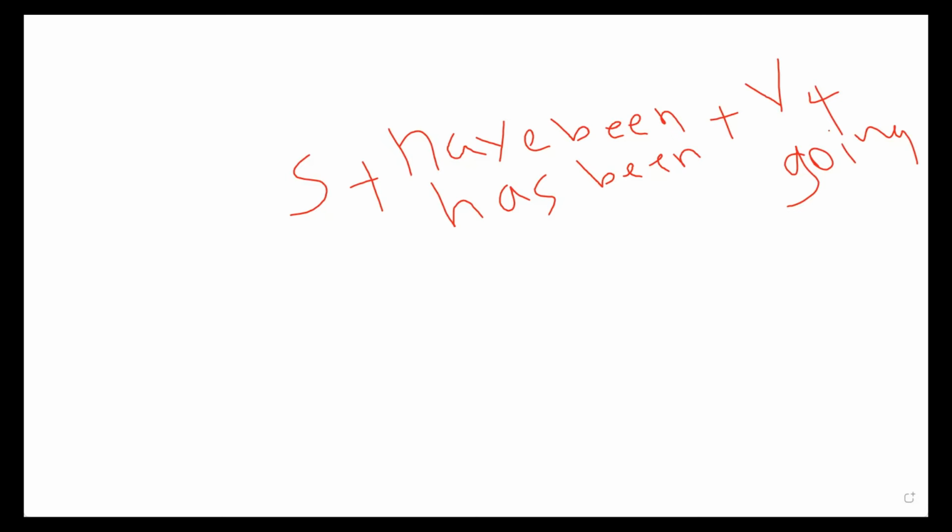So now tell me the negative form of that tense. Subject plus have been plus not. Right. You said this sentence: I have been living in Trincomalee for 10 years.